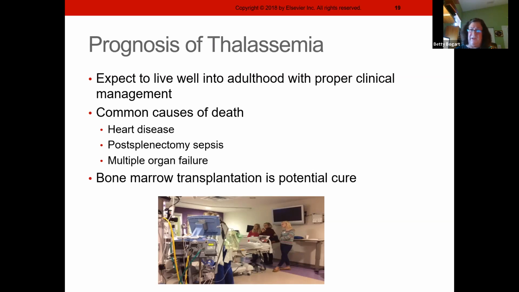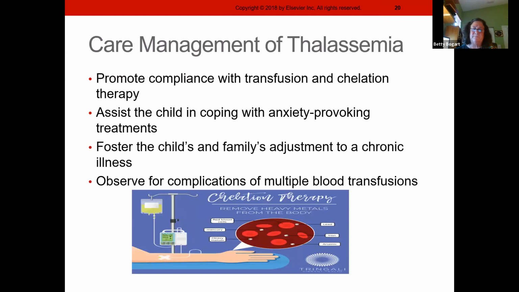Many times, to get rid of these cells, they will do a splenectomy. But again, these are immunosuppressed children who become immunosuppressed adults, and they can get extremely septic after surgeries. Again, maybe bone marrow transplantation is a cure, but it's still not definitive yet. So what do these children, becoming adults, need to do?